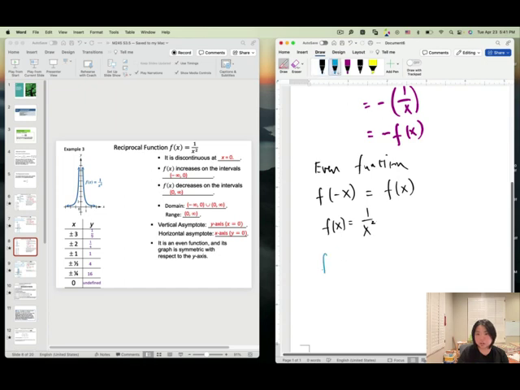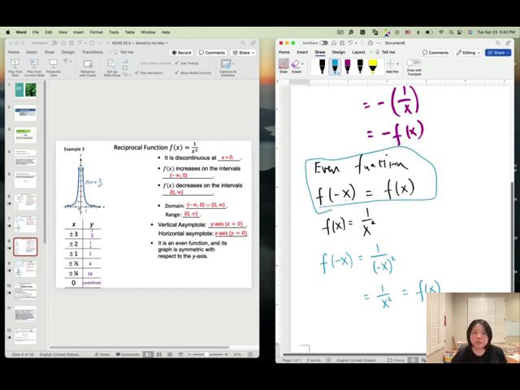So let's try to plug in negative x here, right? And since there's a square, the negative goes away. So this is going to be equal to f of x. So it fulfills this requirement for an even function.